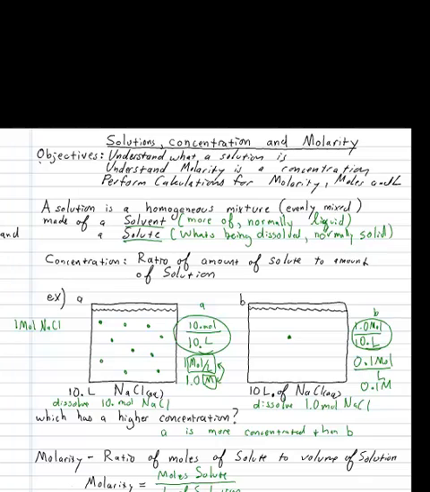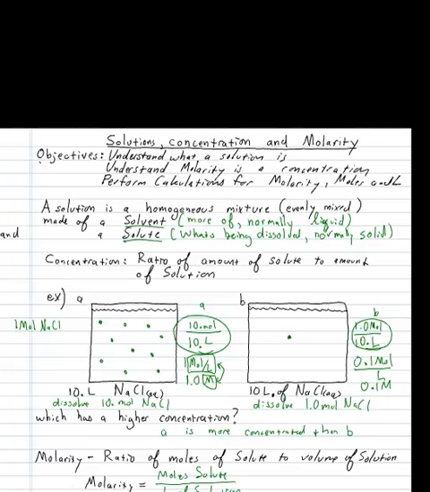So, an example here, if we look at 0.50 molar HCl, that's how you would say that. The capital M indicates molarity. That's why we can't abbreviate moles with an M. This means 0.50 moles of HCl per every 1 liter of solution.